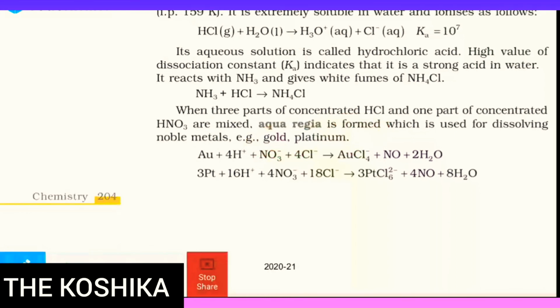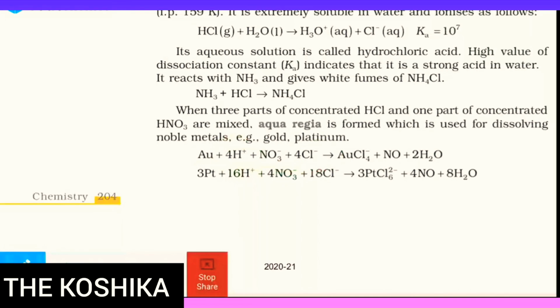अब समझ में आया? And then reaction is given here: Au plus 4H. अब यहाँ पे 4H क्या प्रोटॉन के फॉर्म में है, प्लस NO3 नेगेटिव प्लस 4Cl. यहाँ भी ये नेगेटिव आयंस है, ये पॉजिटिव आयंस है, प्रोटॉन्स है. ठीक है.